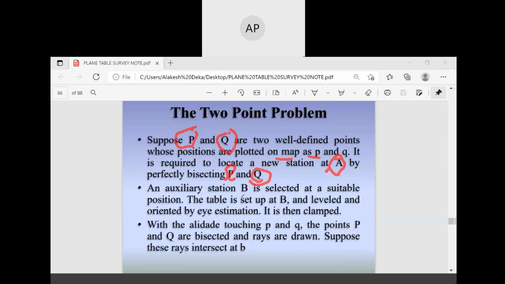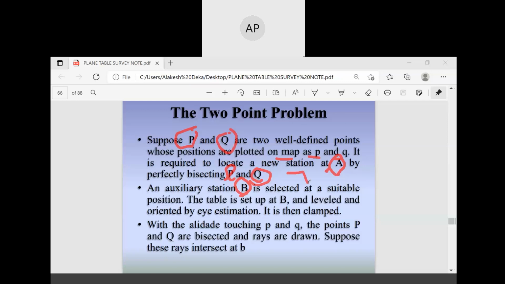An auxiliary station B is selected at a suitable position. The table is set up at B. So what you have to do?